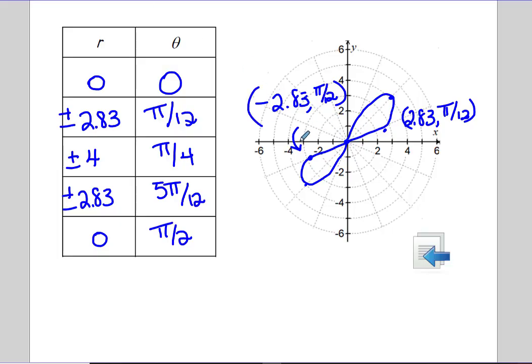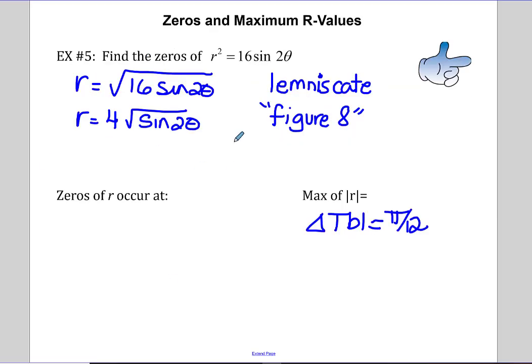If you go out 2.83 and down, that's a pi over 12 angle. If you go right 2.83 for the radius and up pi over 12, that's still a positive angle. So back to our analysis here. This is about 0.2618, which is pi over 12. And the change in the degree, that's 15 degrees, is what we did with the table.